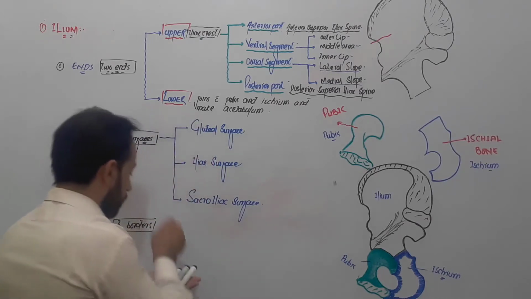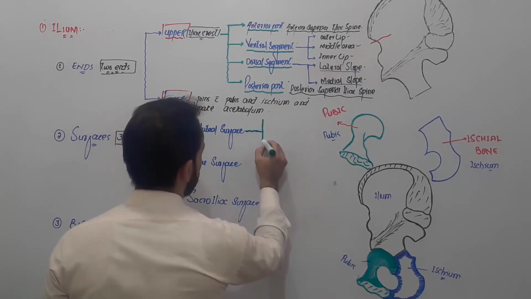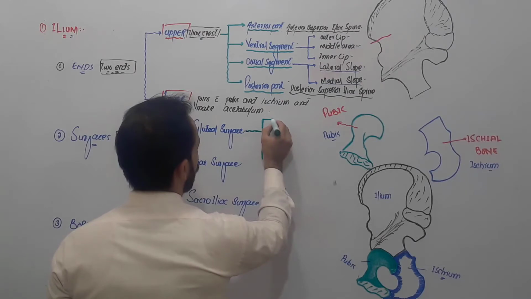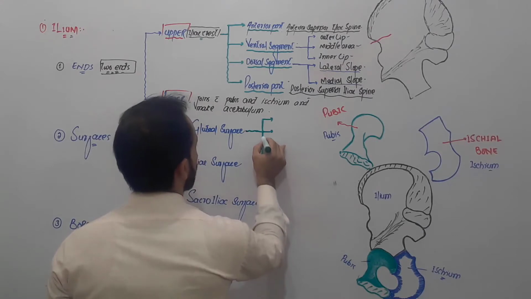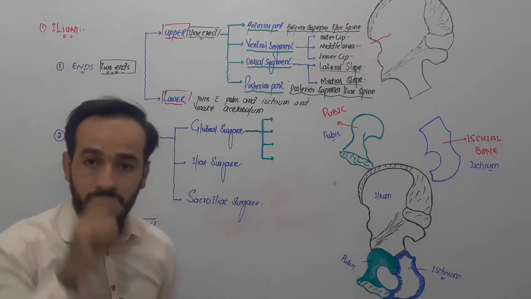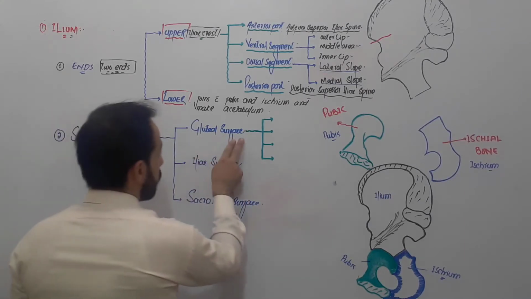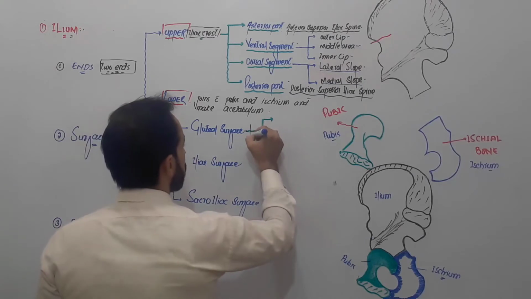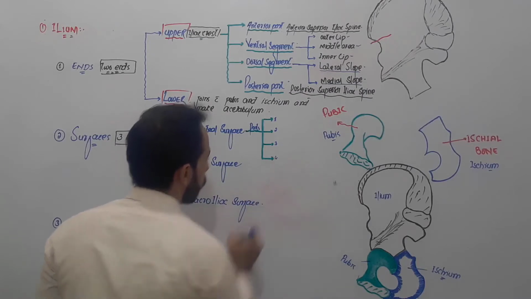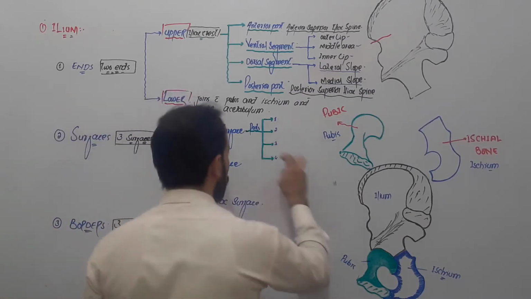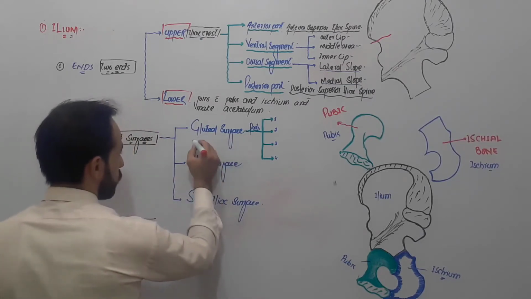We will say that this gluteal surface is further divided into four important parts, and I will show all these parts while I discuss the bone in front of the camera. This gluteal surface has four parts, 1, 2, 3 and 4, right? And these four parts are formed by three lines.